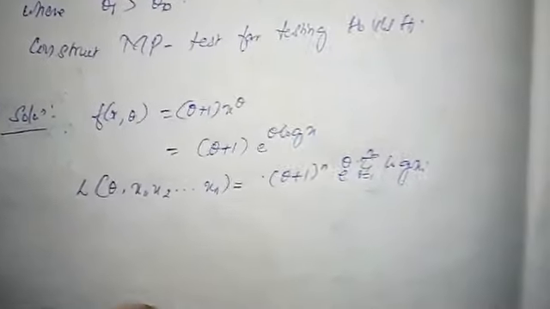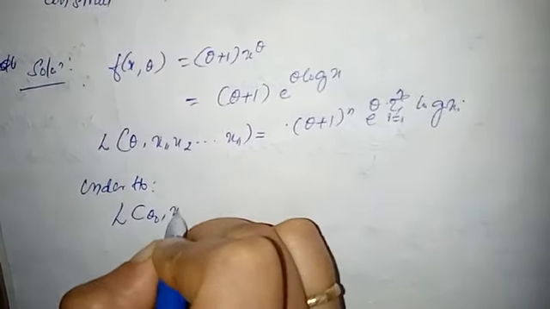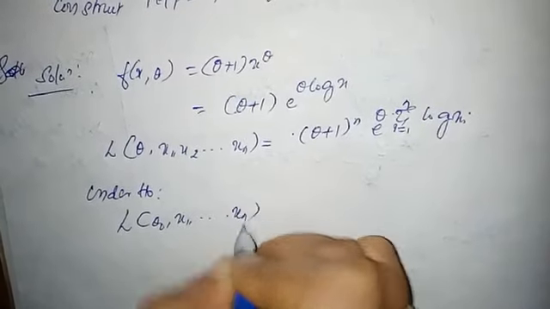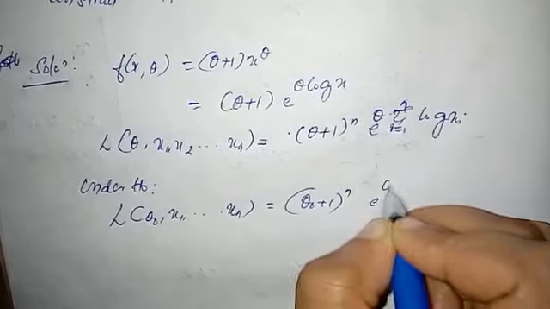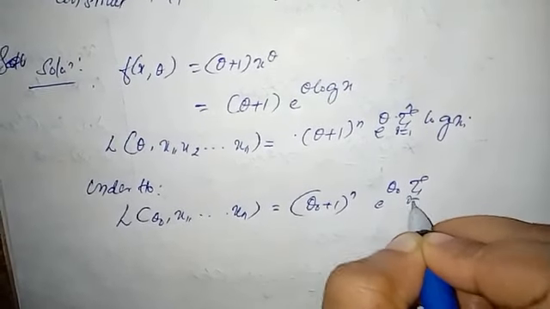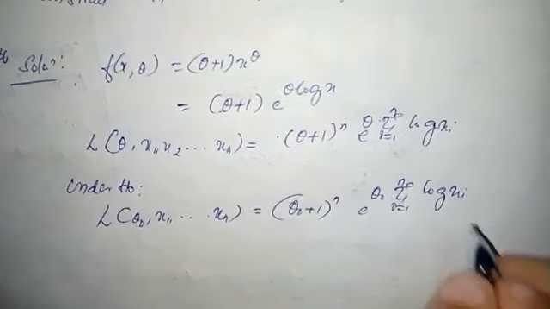Then what is it under h naught? Under h naught, the likelihood of theta naught is theta naught plus 1 power n e power theta naught summation i = 1 to n log xi.